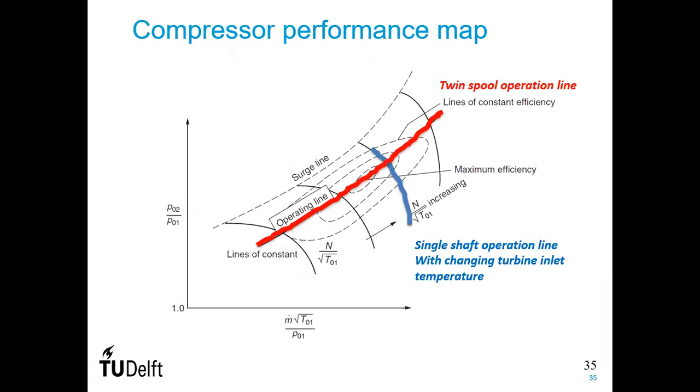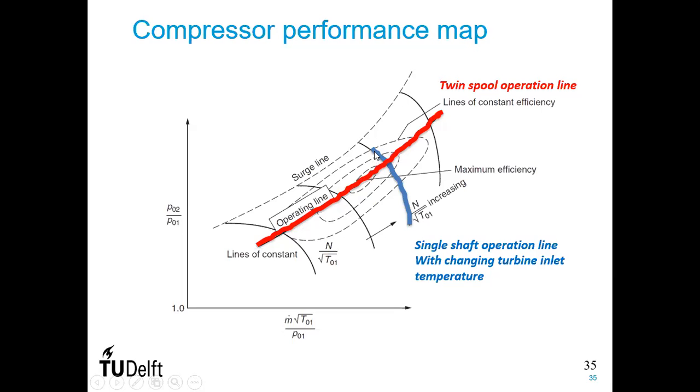So this is what I actually want to tell you. That's the advantage if you have a multi-shaft turbine. If you operate the twin spool, you operate according to this line. So you're here, and these are all bubbles of highest efficiency of the compressor curve. With operating on this line, you're always more or less at the maximum or best efficiency on the compressor curve.